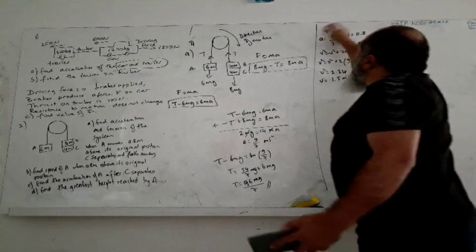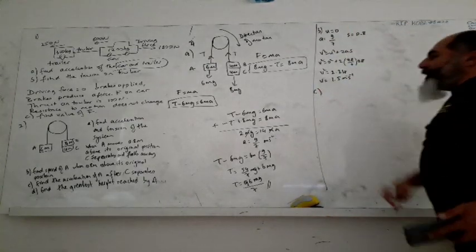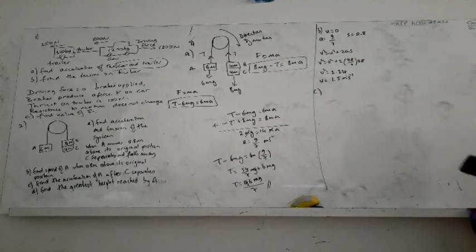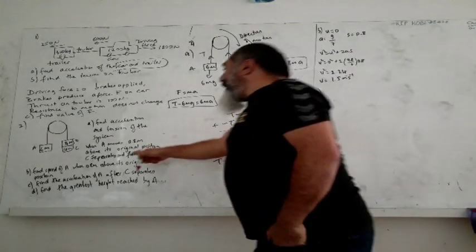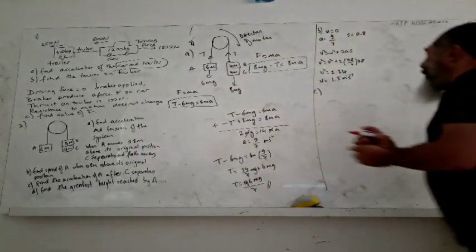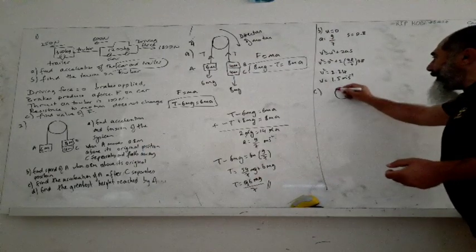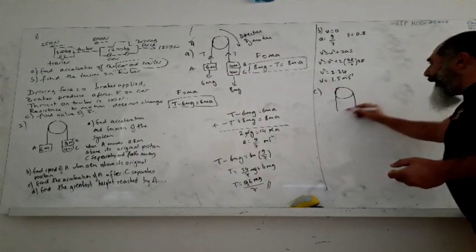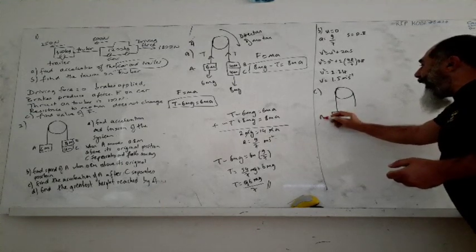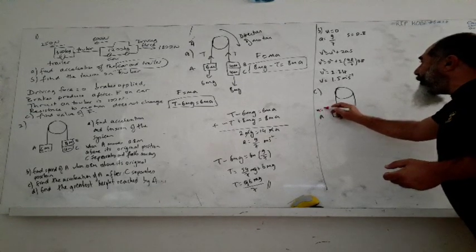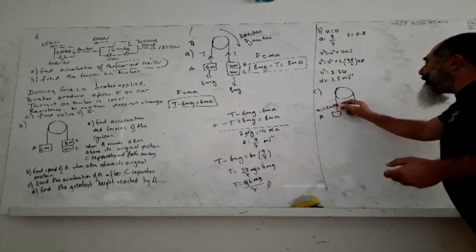Let's carry on with C. C separates and falls down. Now we have a different connected particle system. Now A is moving up with a speed of 1.5 meters per second.